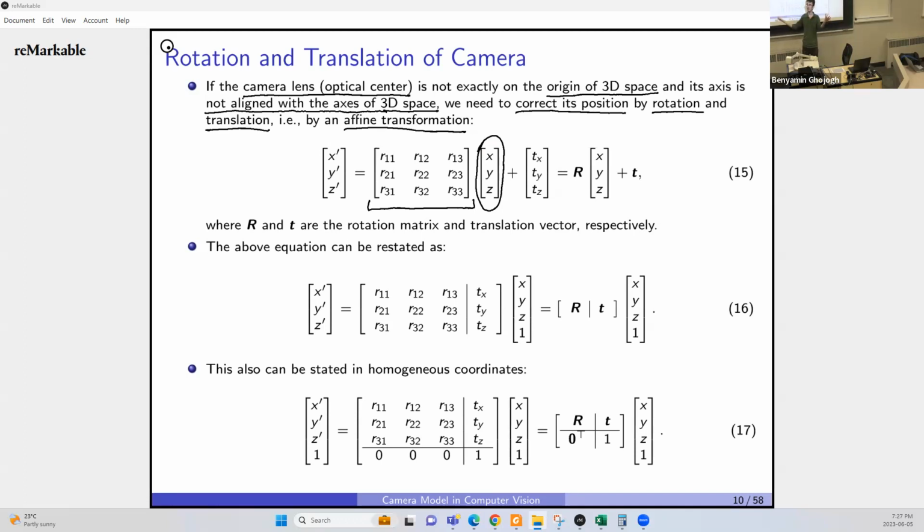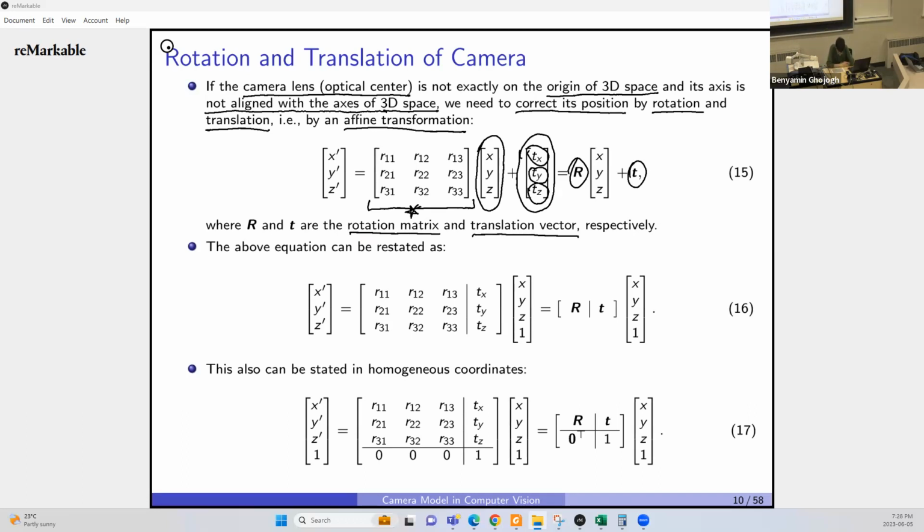Because this is 3D space. Okay. And this is the translation vector, tx, ty, tz. Translation in the x direction, in the y direction, and the z direction. Okay. So I can write this rotation matrix by capital R and this translation vector by bold T. So R and T are the rotation matrix and the translation vector respectively.